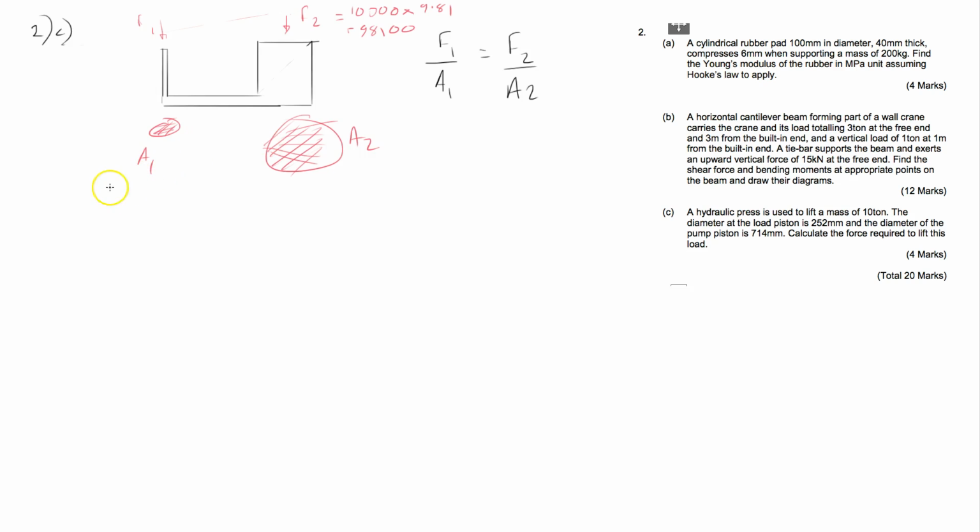Let's work out the areas. Area being pi r squared, so A1 is going to equal pi times... the diameter of the load piston is 252. The diameter of the pump piston is 714.